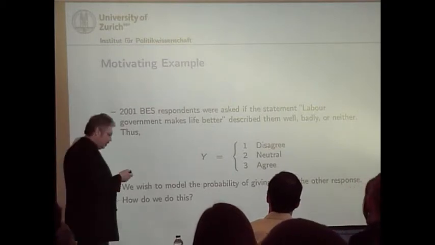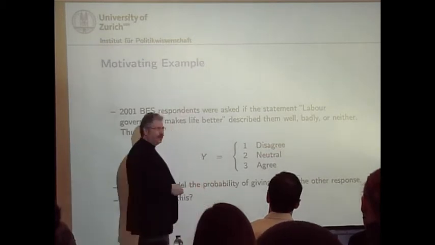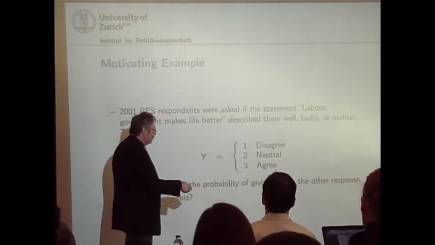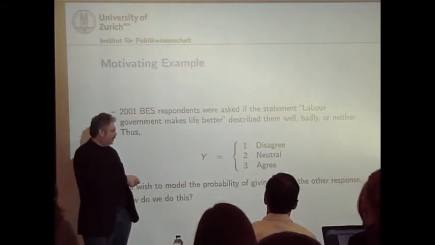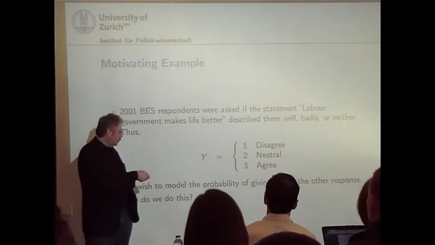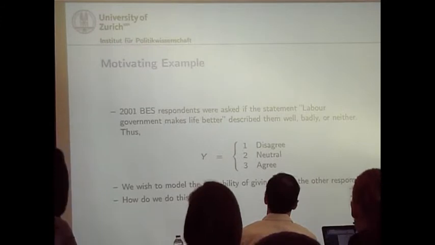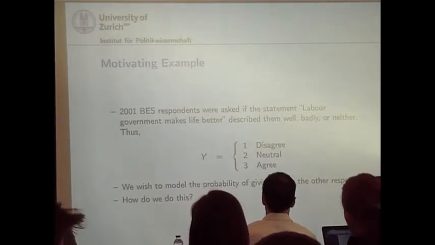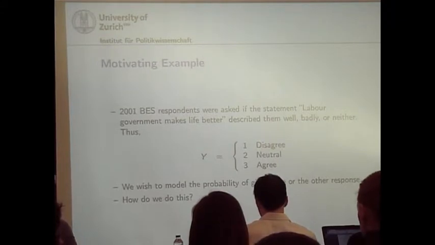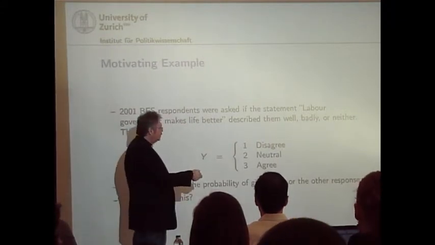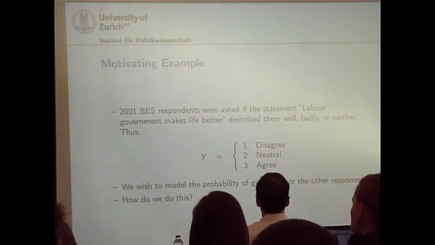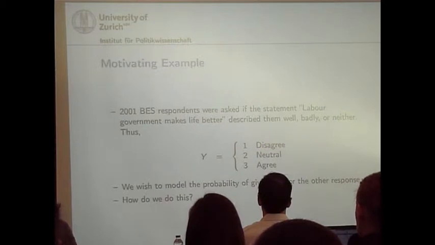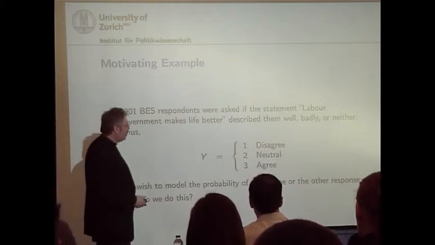I collapsed the responses into people who disagreed, people who were neutral towards the statement, and people who agreed. And I gave them numbers 0, 1, and 2, but you could also give them numbers 1, 2, and 3. The numbers themselves are not important. What is important is the rank order between the numbers, because I'm assuming this is an ordinal scale: there is a property here, namely believing that Labour makes life better, and you can have more or less of that property.